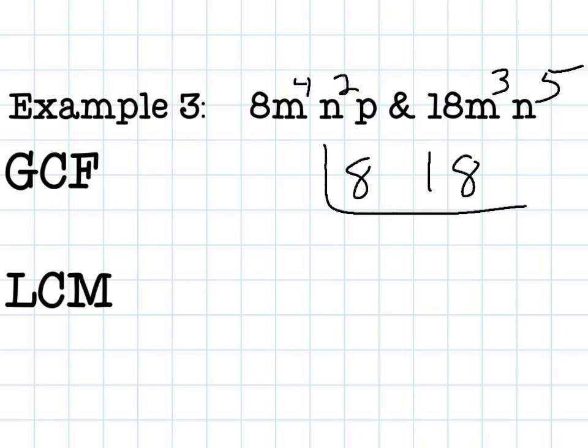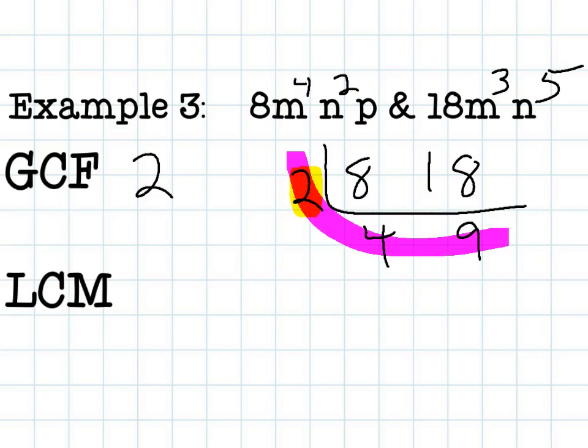So we do our factor ladder. 2 goes into 8 4 times, 2 goes into 18 9 times. Well, there's nothing else that goes into those numbers, so we know that our GCF is 2, and we know that our LCM would be the product of all of the numbers that we have here. So it would be 2 times 4 is 8, times 9 is 72.